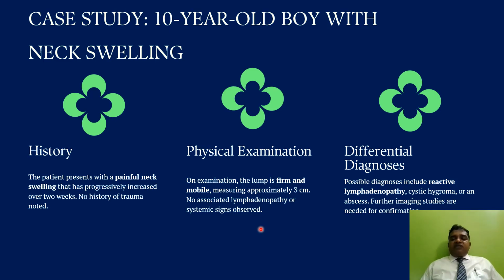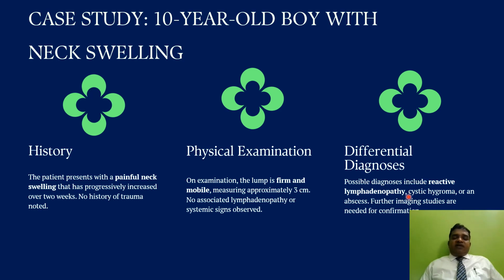So for differential diagnosis, you always think about differential diagnosis. These are the possible differential diagnoses: reactive lymphadenopathy, cystic hygroma, or abscess. Further imaging studies are needed to confirm the diagnosis. Additionally, I will add thyroglossal cyst also.